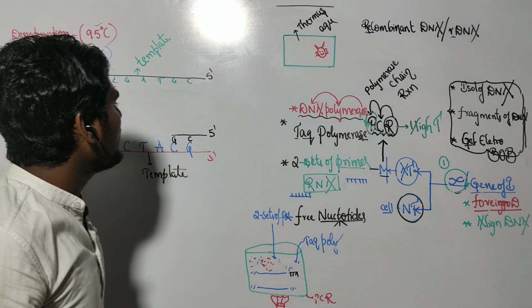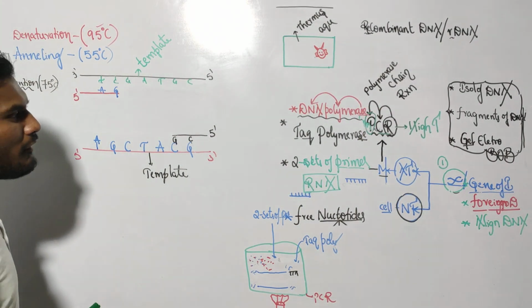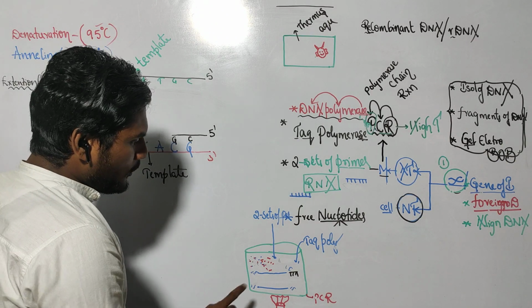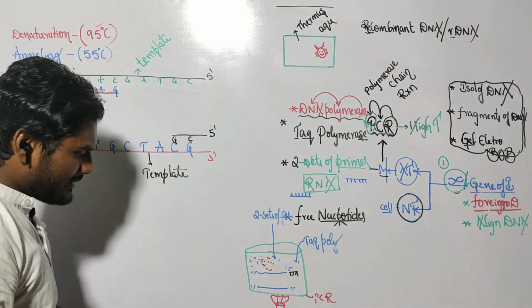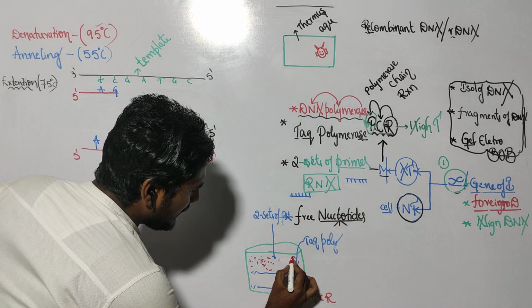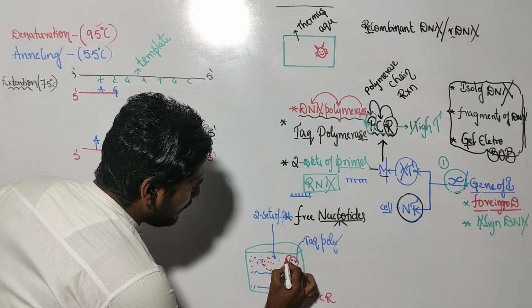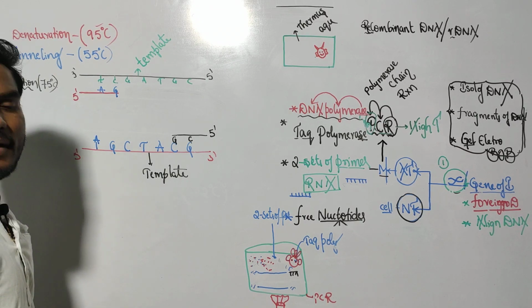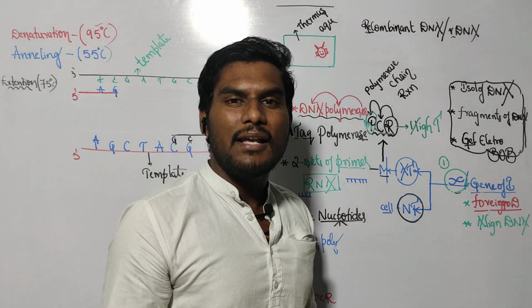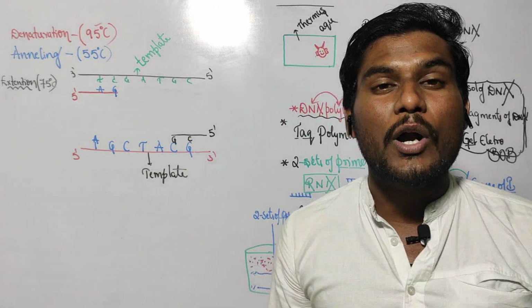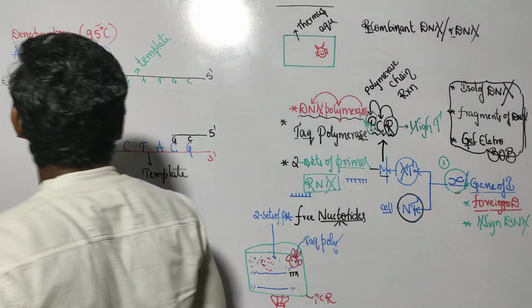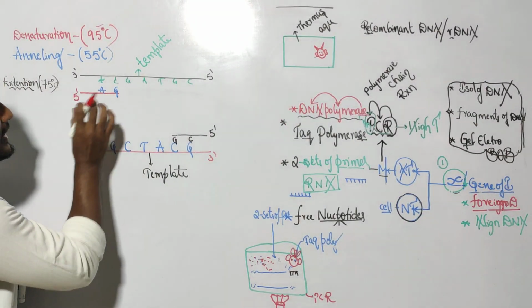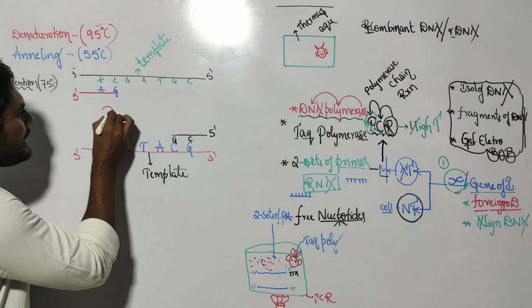Whenever 75 degrees Celsius is reached, now our big boss is coming. Who is that big boss? Polymerase is present, na? See here, we also added the enzyme. What enzyme is this? Taq polymerase enzyme. This is our big boss. Its function is extension. And this big boss contains a big bag.